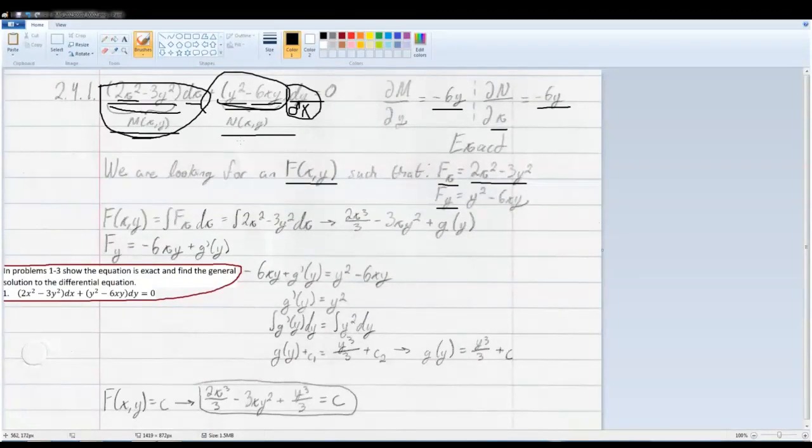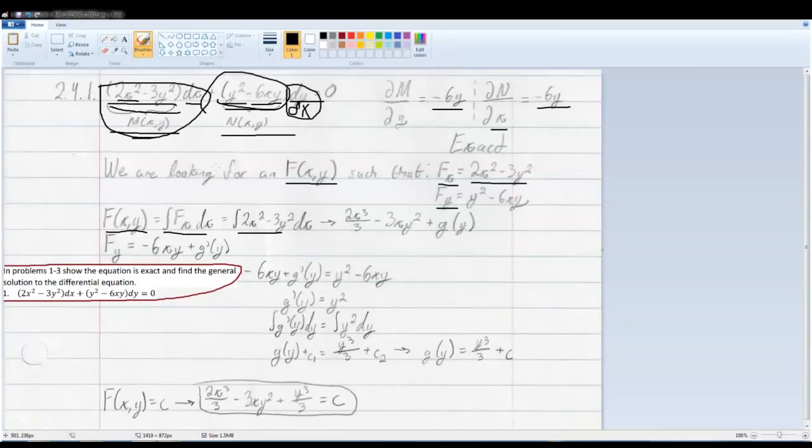And then for this method, you go back to dx, dy. So what do we say? f of x comma y equals the integral of the partial derivative of f in terms of x, dx, and that's equal to the integral of 2x squared minus 3y squared, again my first term.